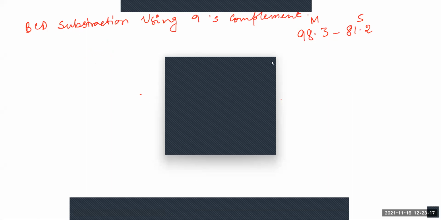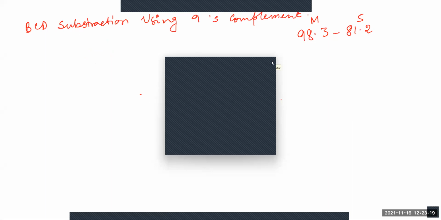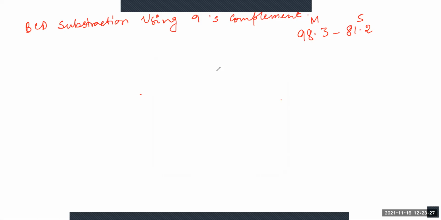I am getting a response from only one student, Anuj, but at this moment there are 23 students in this class. So 81.2. The first step is to take the 9's complement of the subtrahend.